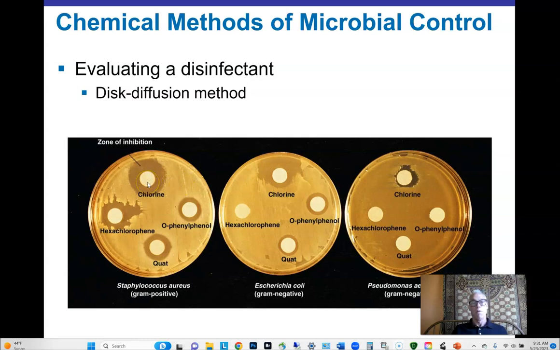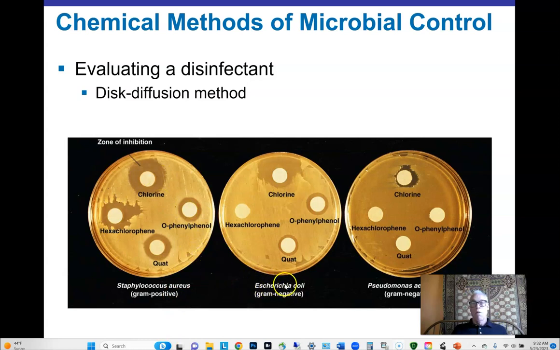Chlorine, pretty powerful at inhibiting. Phenol is a pretty strong inhibitor of microbe growth. Hexachlorophene is a disinfectant used by surgeons to scrub their hands before they put on their surgical gloves to try to minimize the presence of microbes. So Staphylococcus aureus can be easily handled by any of these disinfectants.